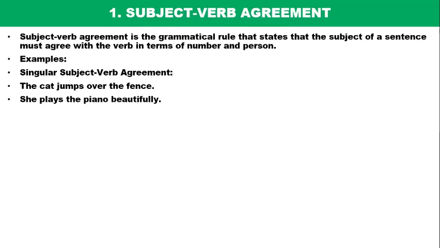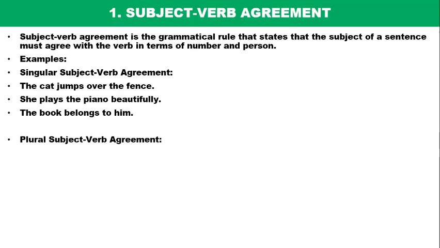Here, the singular subject is she, and it agrees with the singular verb plays. The next example, the book belongs to him. The singular subject book agrees with the singular verb belongs.